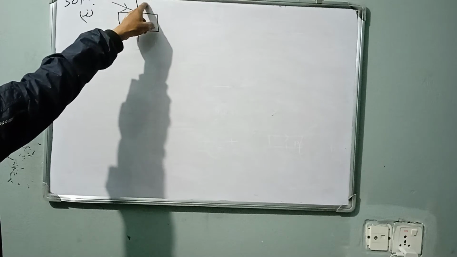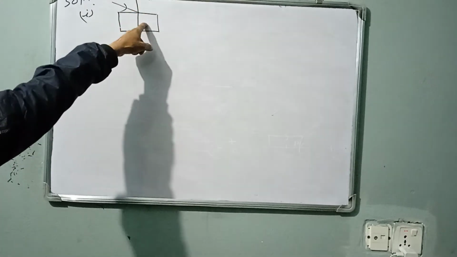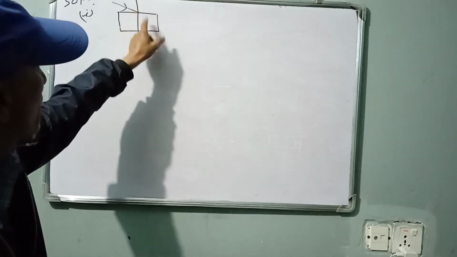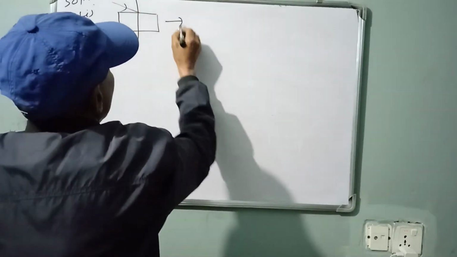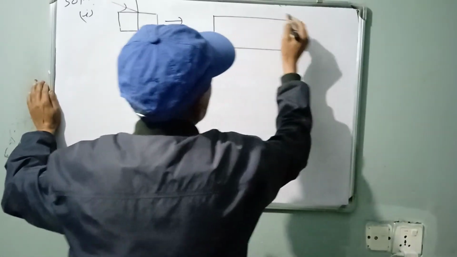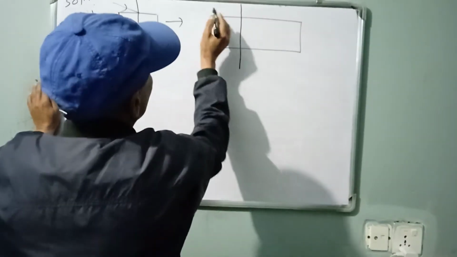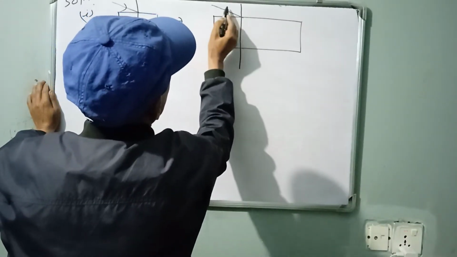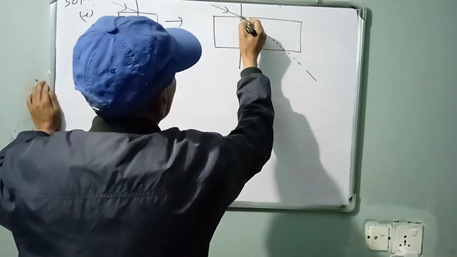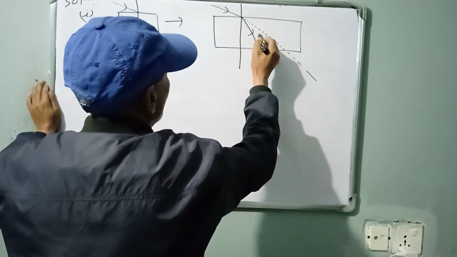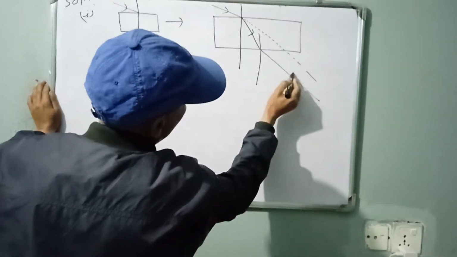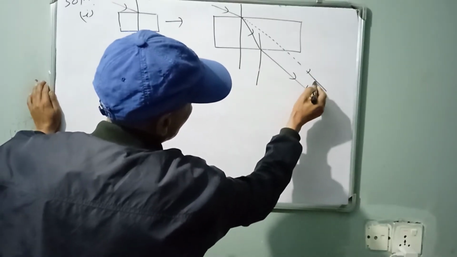This is air, rarer medium. This is glass slab, denser medium. This is air, rarer, denser, rarer. The complete diagram is this. Bent towards, and instead of going straight, it is bent away from the normal.